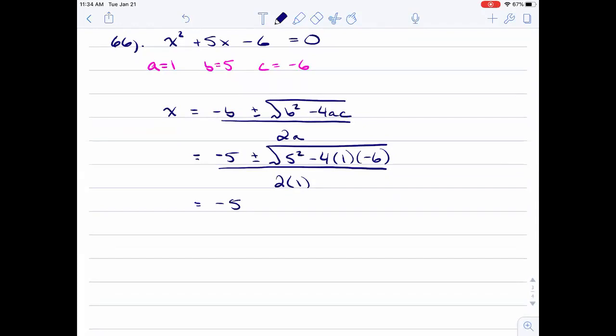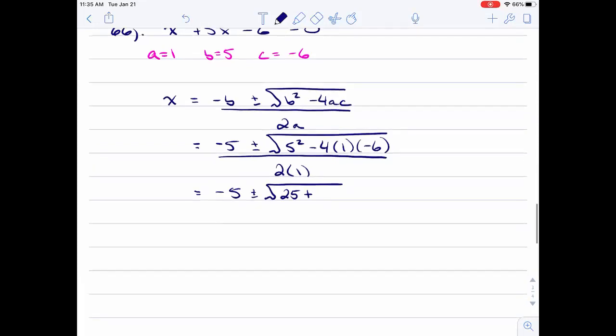I get negative 5. 5 squared is 25, so plus minus the square root of 25 minus, but then 4 times 1 times negative 6 is also going to be negative, right? So if we do plus, then we can just do 4 times 1 times 6, making sure you keep track of your negatives, right? So 4 times 1 times 6 is 24.